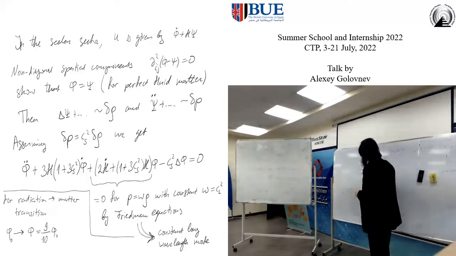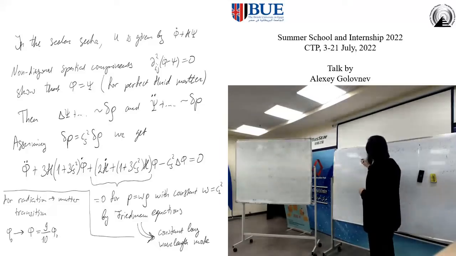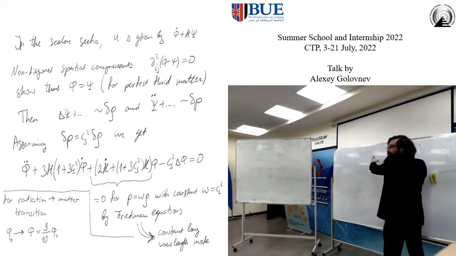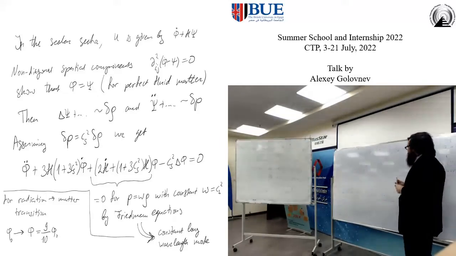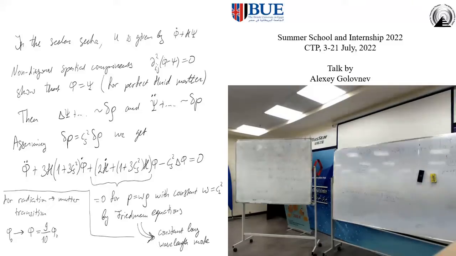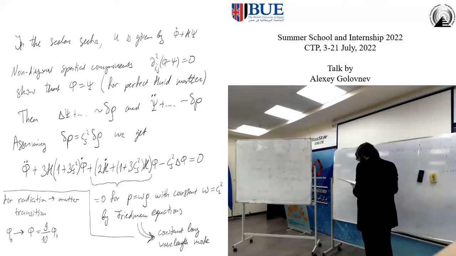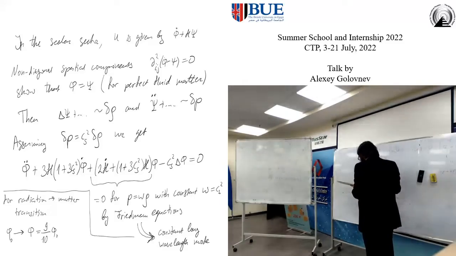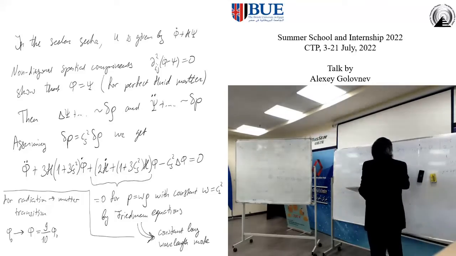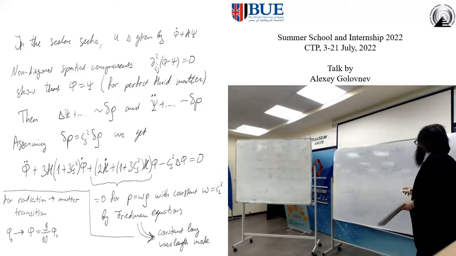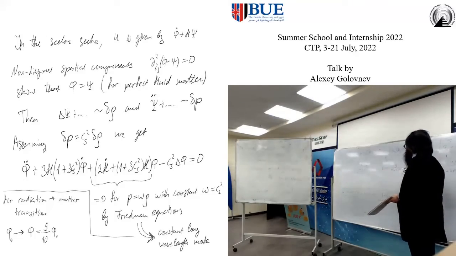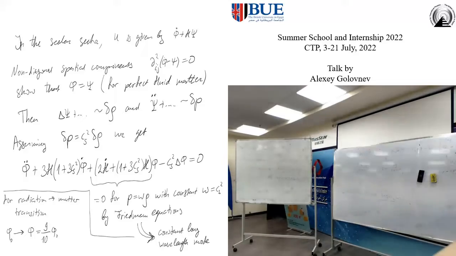If w changes, the constant mode is not constant any longer, but that's just because I chose a not very convenient variable. I have no time to discuss the geometry behind that, but you can prove that if you go for another variable, like psi minus delta rho over 3 rho plus p, that variable will have a constant mode for large wavelength.